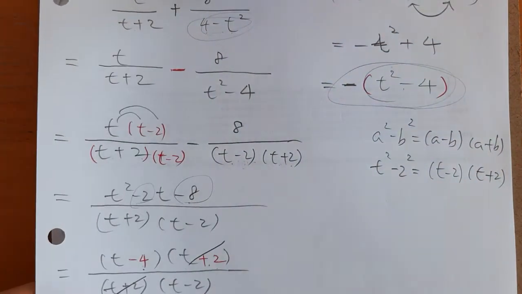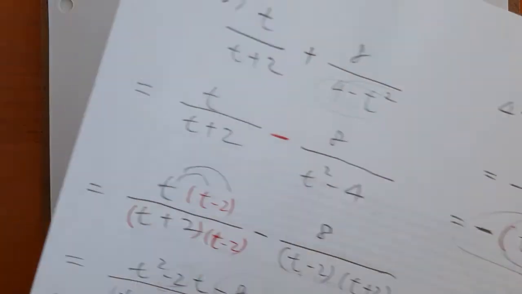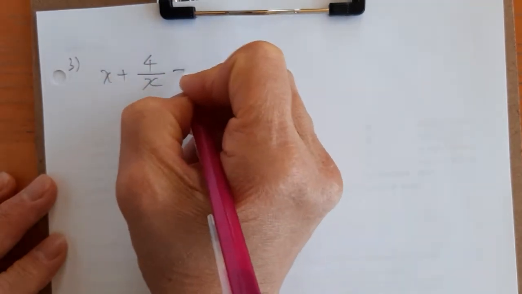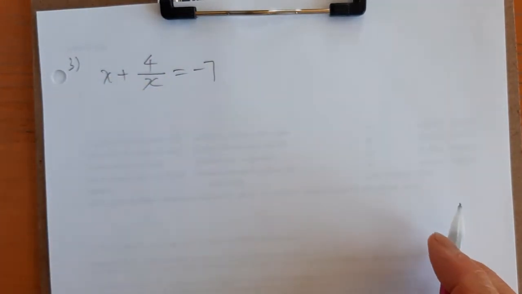The next question, solve the equation. Question 3. Solve the rational equation. X plus 4 over x equals negative 7. Solve for x.